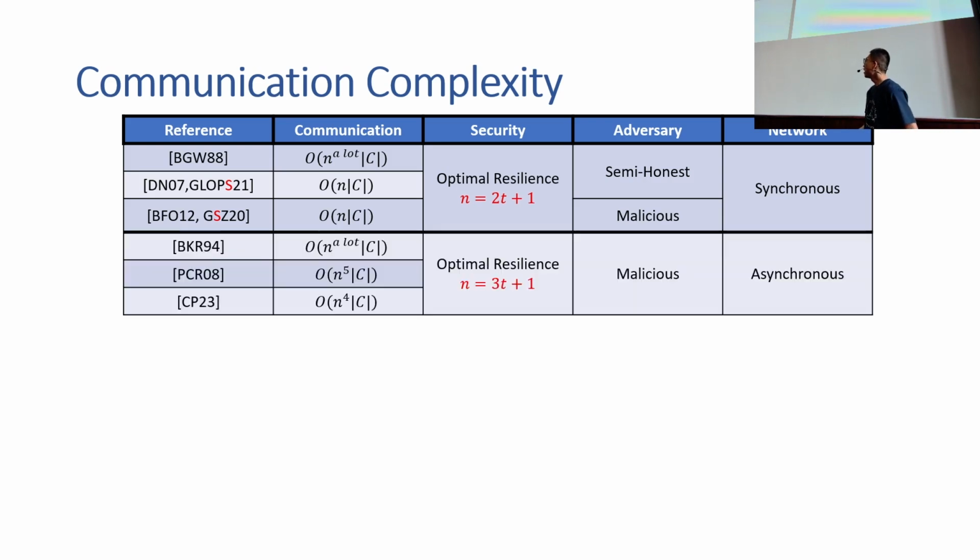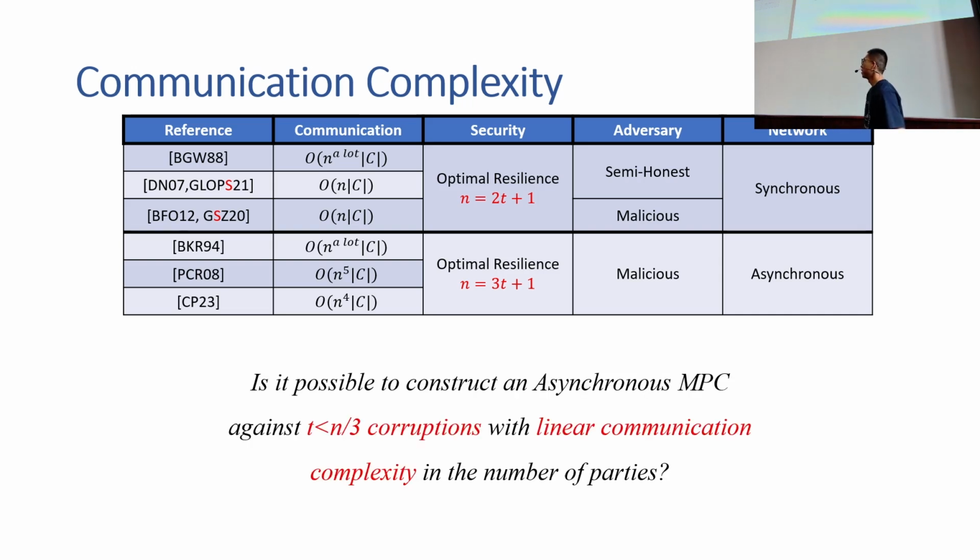On the other hand, in the asynchronous setting, the best known result requires n⁴ times the circuit size. So you can see there's a large gap between what we know for the synchronous setting and what we know for the asynchronous setting. This leads to our main question: whether we can construct asynchronous MPC with n/3 corruption that achieves linear communication in the number of parties.